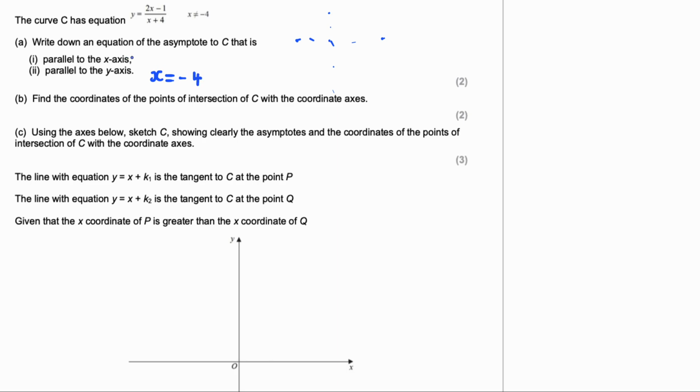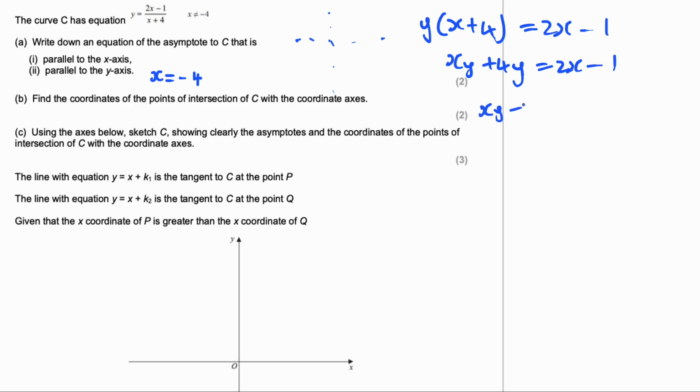Now to find the asymptote parallel to the x-axis, we need to rearrange this and make x the subject. So you have y times x plus 4 is 2x minus 1. So xy plus 4y is 2x minus 1. Put the x onto this side, you get xy minus 2x is minus 4y minus 1.